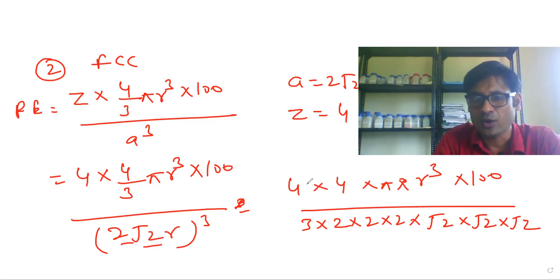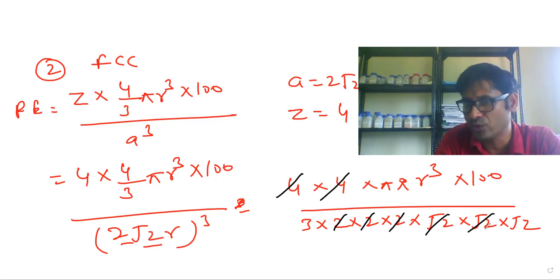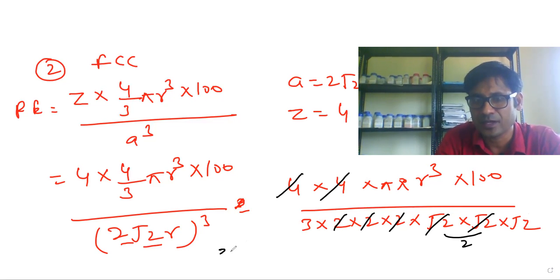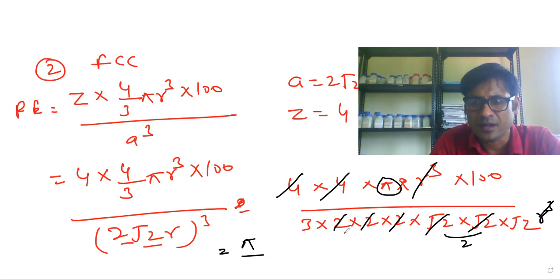Then 4 means 2 2 ja 4, and this 4 means 2, and 2 into under root 2 means 2, right? Then we get pi. Here r cube cancels out with r cube, pi upon 3 into under root 2, into 100.